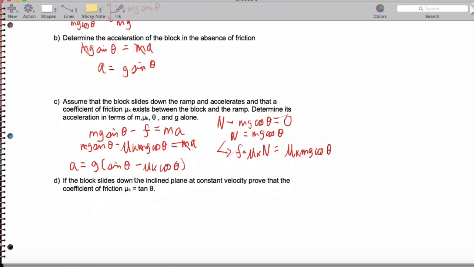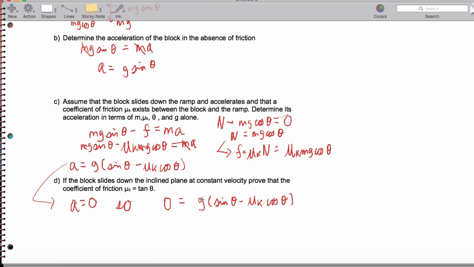Now it says, if the block slides down the inclined plane at constant velocity, prove that the coefficient of friction mu k equals tangent of theta. Here's a trick. a equals 0. So 0 equals g times the sine of theta minus mu k cos theta.